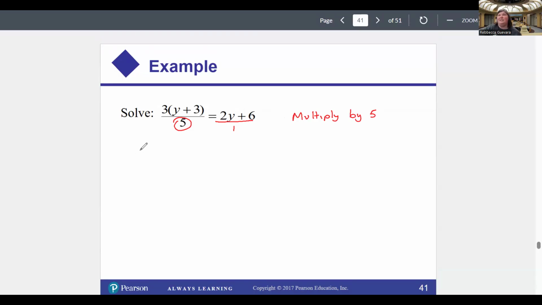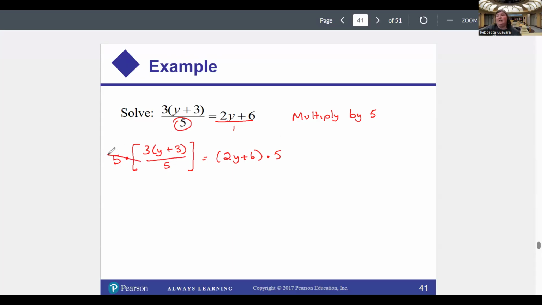So that's both sides. So that means we have 3 times (y plus 3) divided by 5. We're going to take all that and we want to multiply it by 5. We also have 2y plus 6, and I want to take all of that and multiply it by 5. What I do to one side, I do to the other.